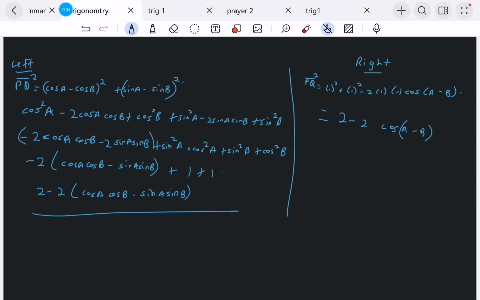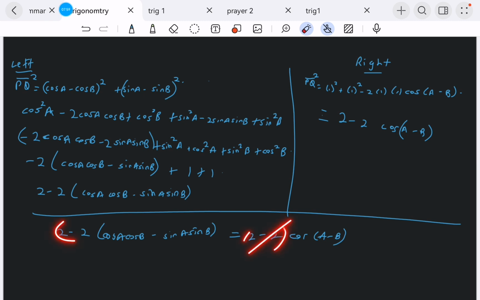That means that we are going to have 2 minus 2 into (cos A cos B minus sin A sin B) is equal to 2 minus 2 cos of (A minus B). Now don't go ahead and just cancel like this. No, this is not correct.